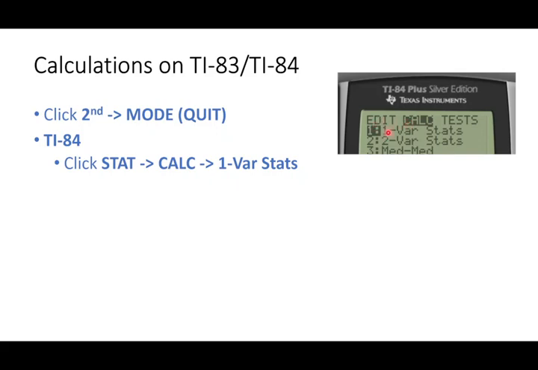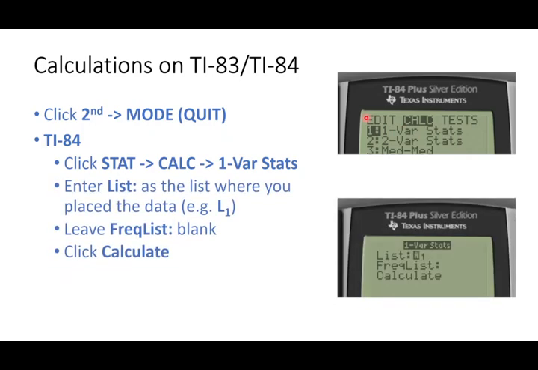What we want to do is calculate one variable statistics. Use the 1-Var Stats option, and it will ask you for the list. Put your L1 or whichever list you put it in here. Leave frequency list blank. If you're on an older calculator, when you hit 1-Var Stats, it'll say 1-Var Stats with a blinking cursor.